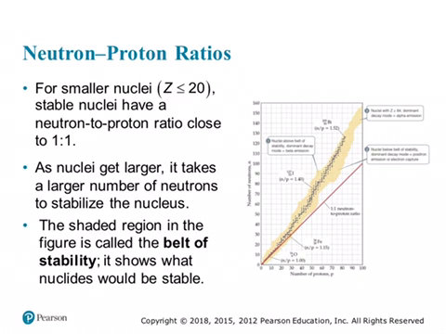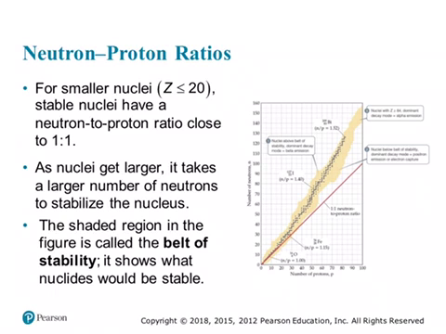Then you have 2, the nuclei below the belt, where their dominant decay mode will be either positron emission or electron capture. And then nuclei that have an atomic number greater than 84 will have the dominant decay mode of alpha.